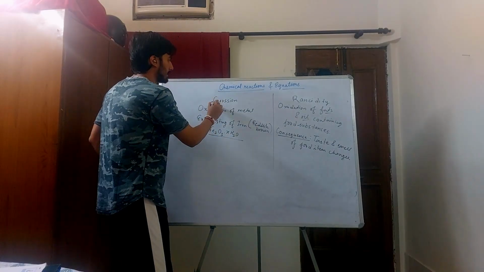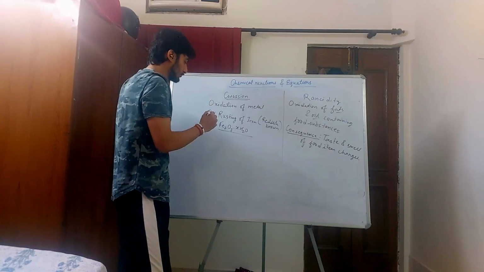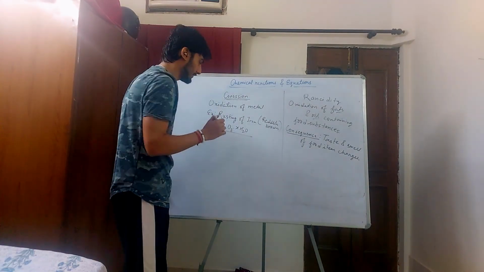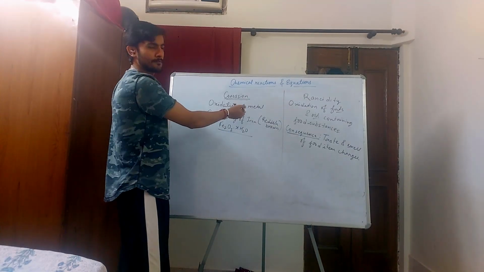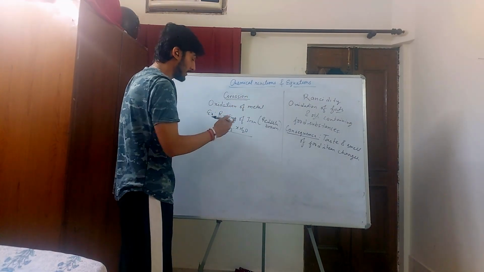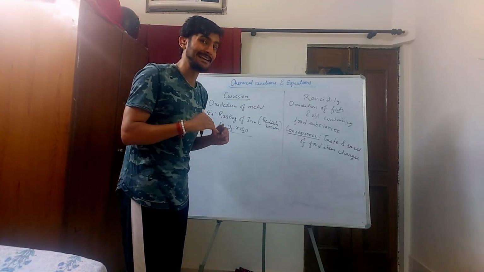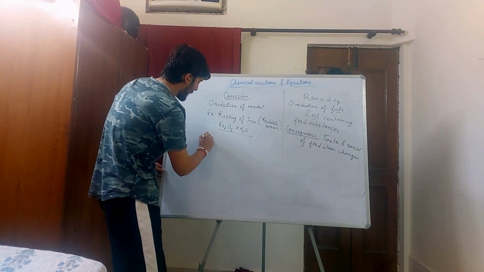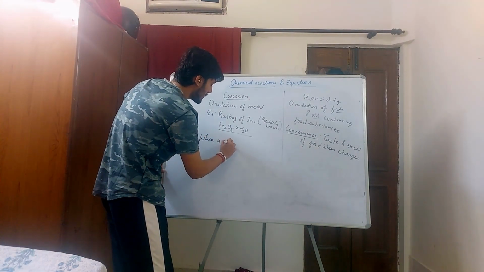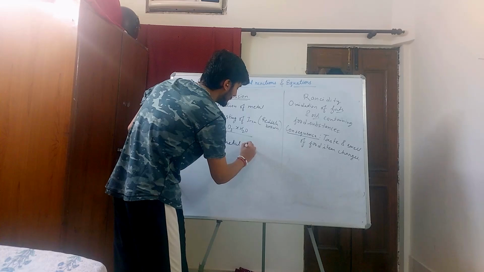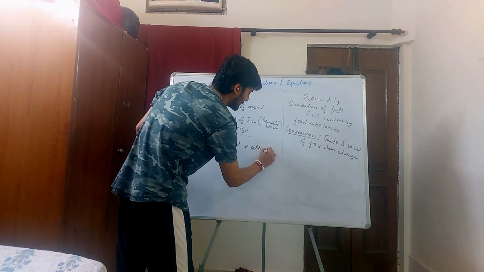Whereas अगर मैं corrosion की बात करूं, so corrosion की बेसिक जो डेफिनेशन है, so ये तो मैंने एक बहुत बेसिक सा आइडिया दिया कि ऑक्सीडेशन ऑफ मेटल्स, but when I talk about it in details, so it will be when a metal is attacked, right?